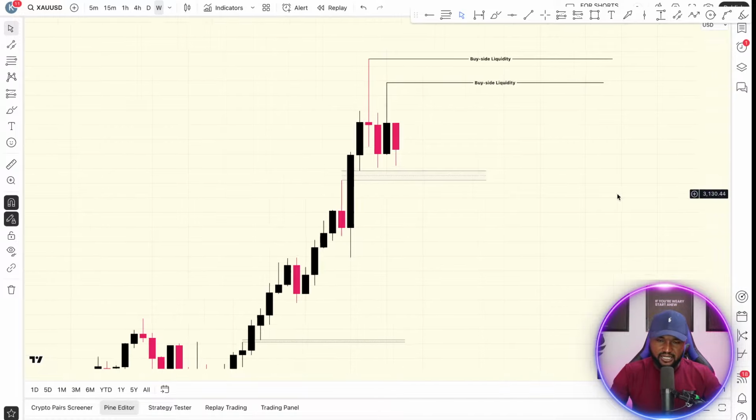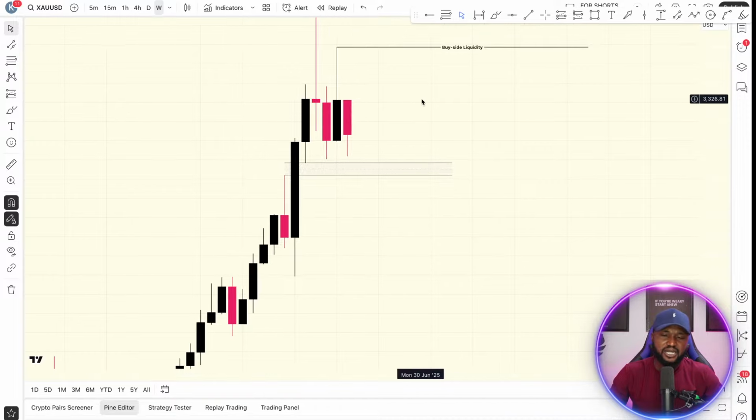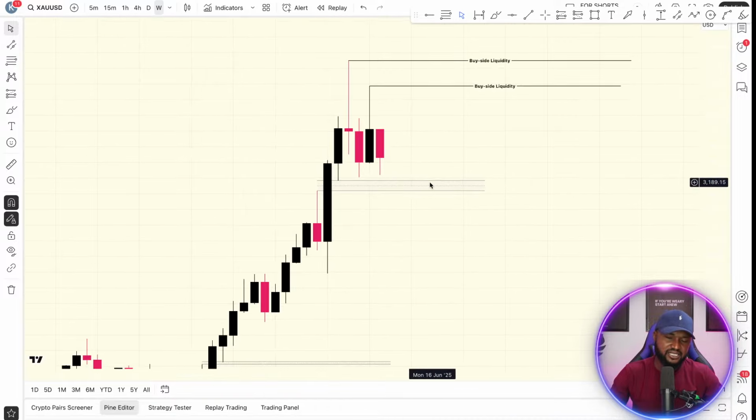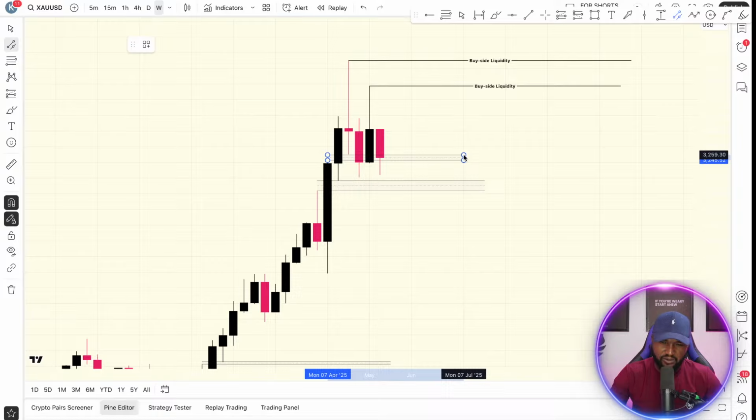Now look at how the momentum of the price action is. Do you know that with this momentum, where you see price quickly went up, immediately after price left this particular fair value gap, that is after price fell to close above here, we came back and filled up this fair value gap.